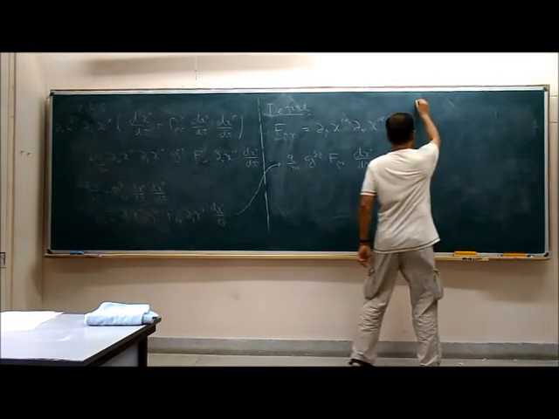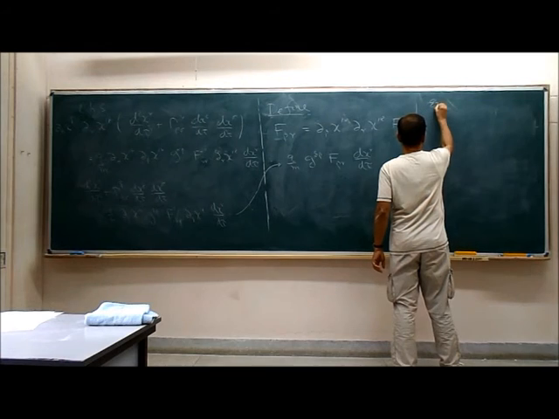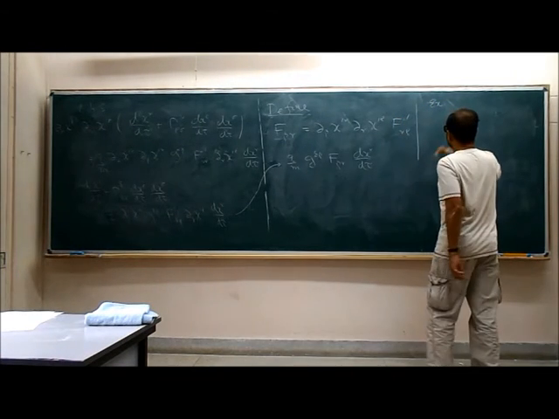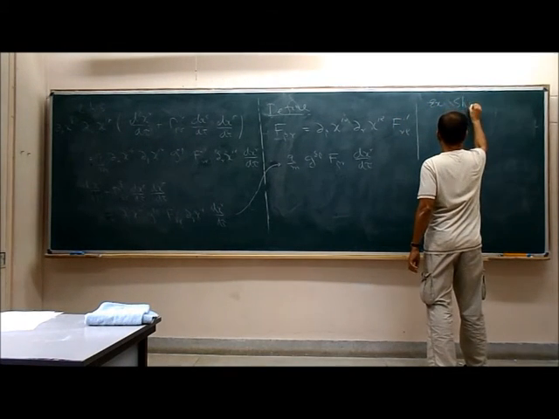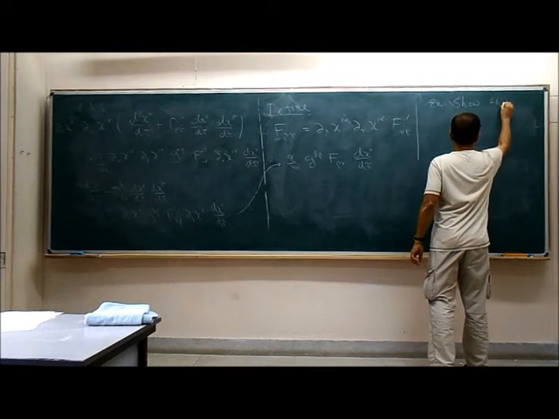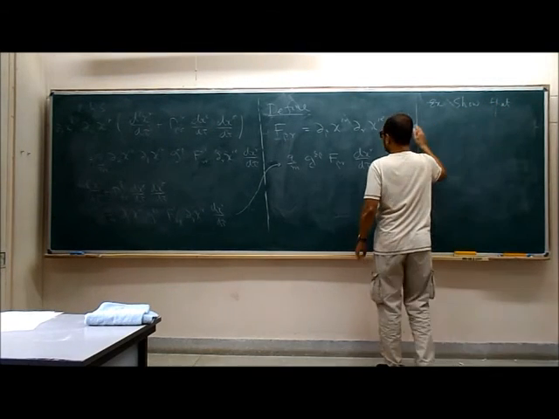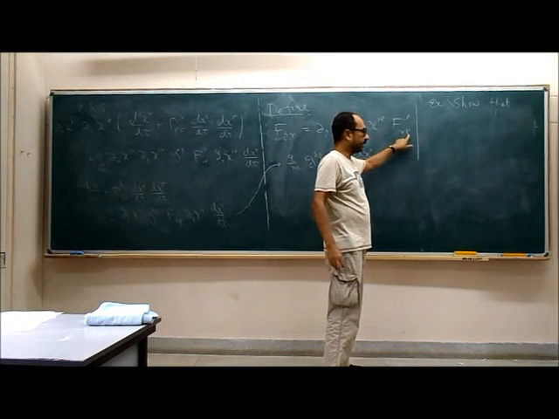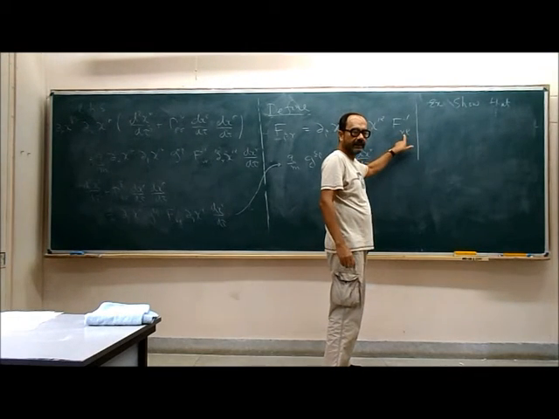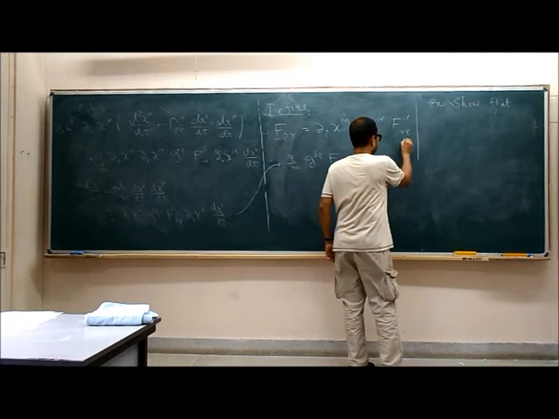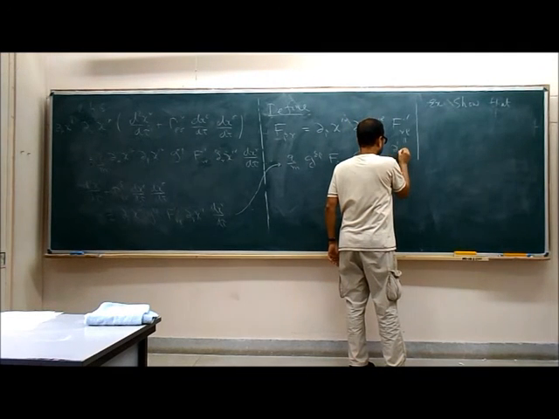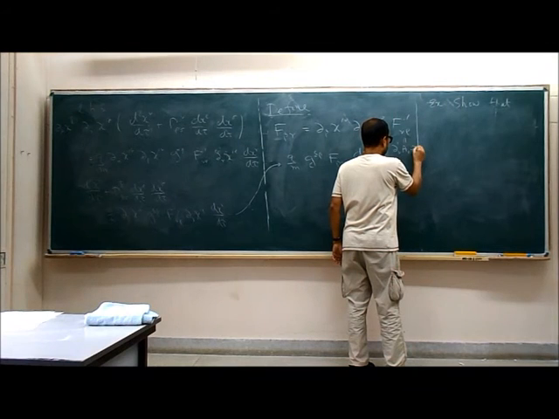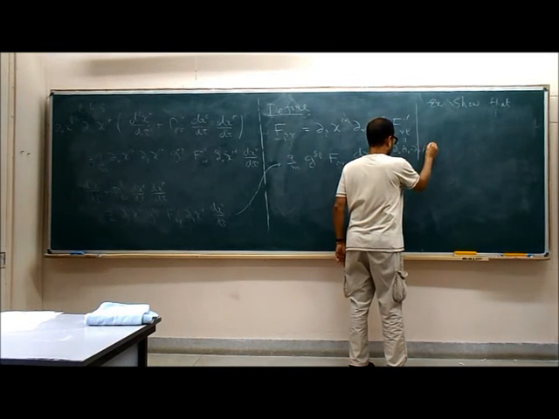Now I'll leave it as an exercise to show that F'_νρ is ∂'_ν A_ρ minus ∂'_ρ A_ν. We know the definition of F prime: this is ∂'_ν A'_ρ minus ∂'_ρ A'_ν.